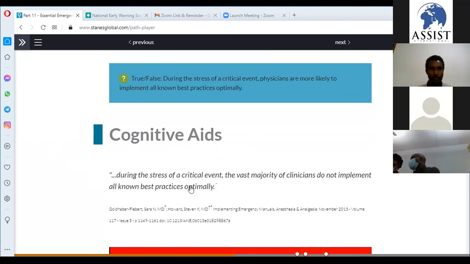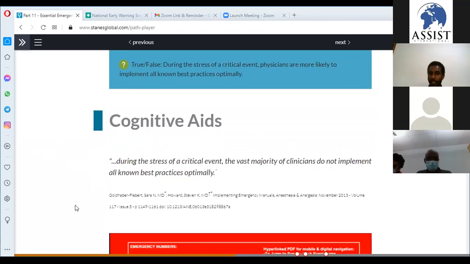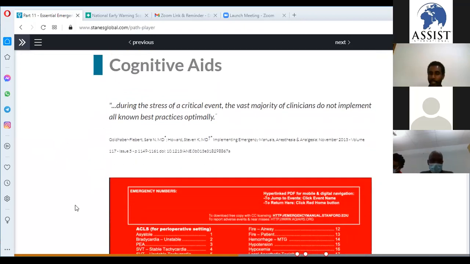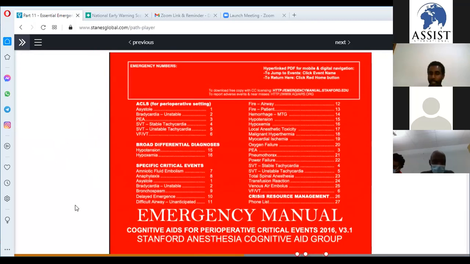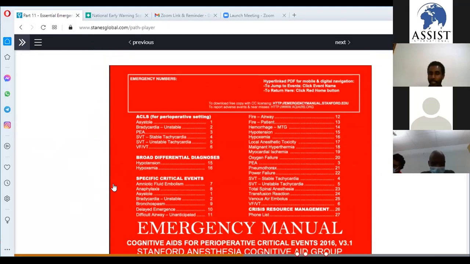During the stress of a critical event, the majority of clinicians do not implement all known evidence-based practices optimally. So to avoid this, you can prepare your cognitive aids in a short form. This is an example of the emergency manual.